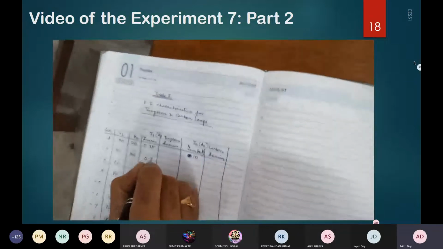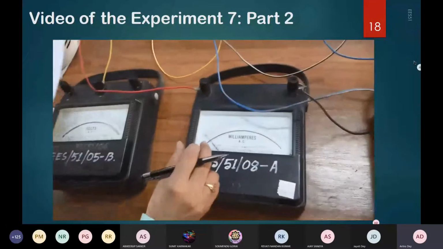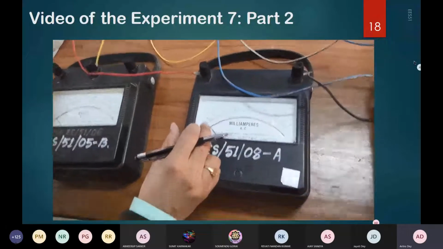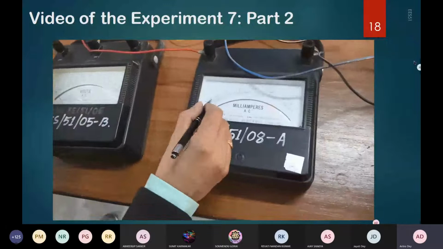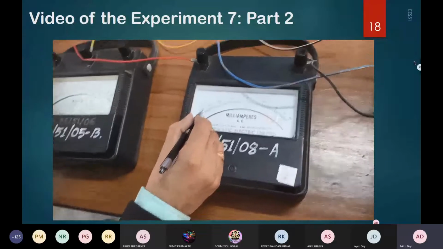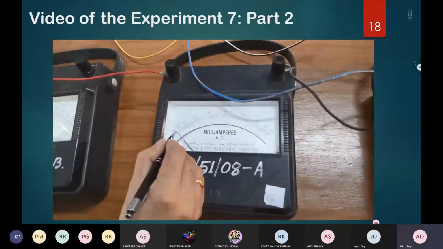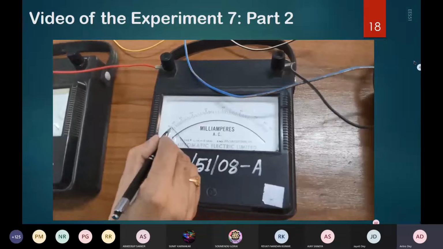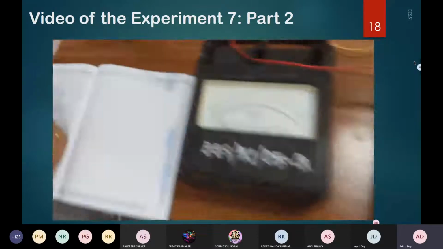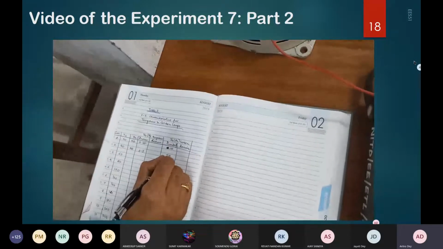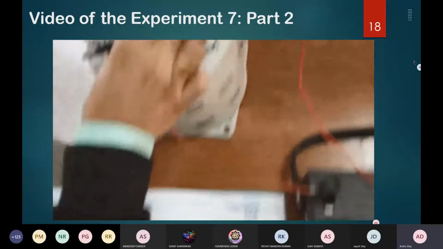So 0.3 for tungsten, and for the carbon, between 100 there are 4 divisions, so it is approximately 25 we can take. Okay, 25 milliampere for the carbon, and then let us now go to 60.